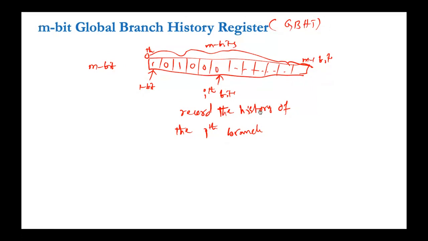In this example, if the entry at this ith bit is 0, then what does it say: is the branch taken or not taken?